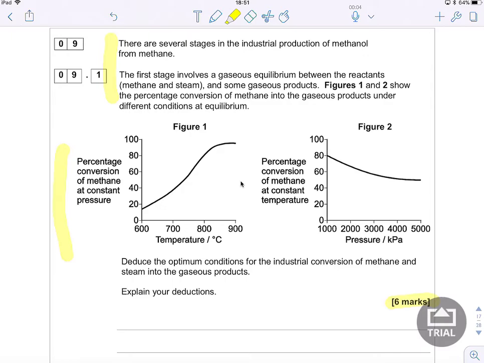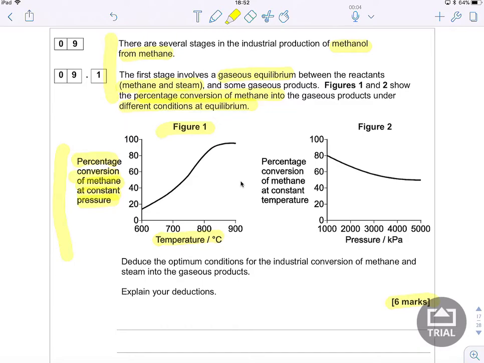So there are several stages in the industrial production of methanol from methane. The first stage involves a gaseous equilibrium between the reactants methane and steam and some gaseous products. Figures 1 and 2 show the percentage conversion of methane into gaseous products under different conditions at equilibrium. So we've got figure 1, which has got temperature and the percentage conversion of methane at constant pressure.